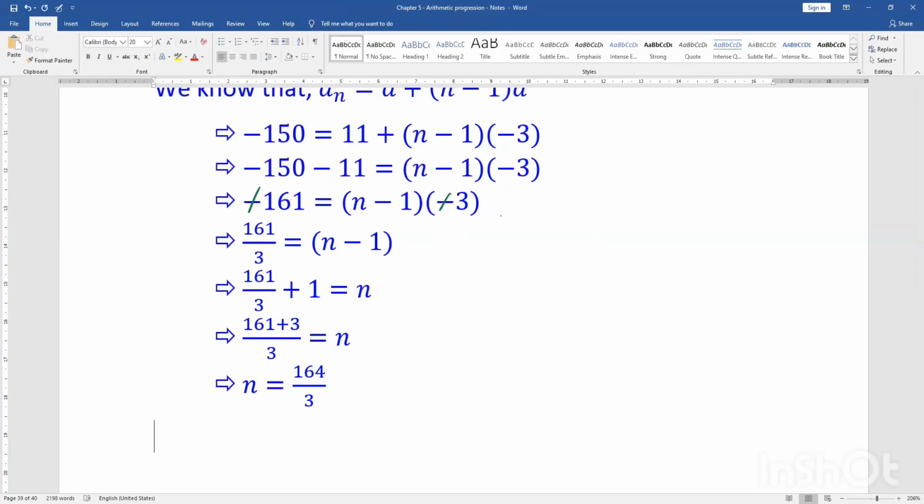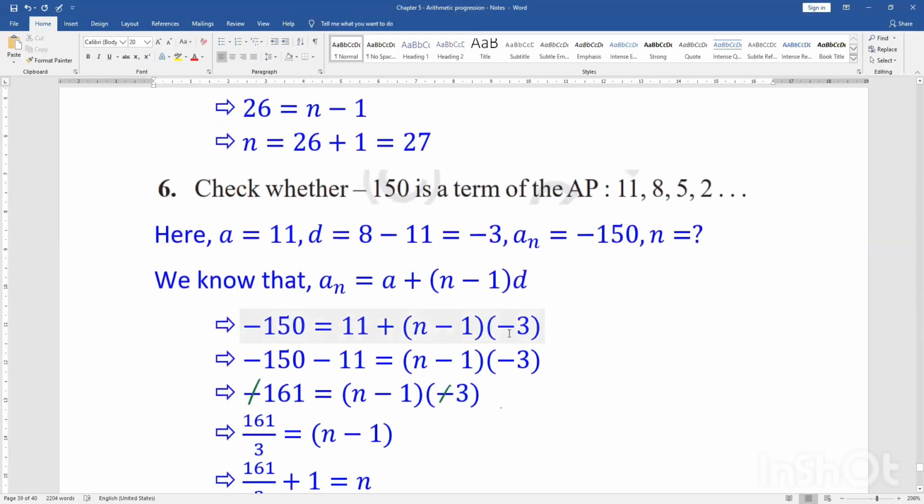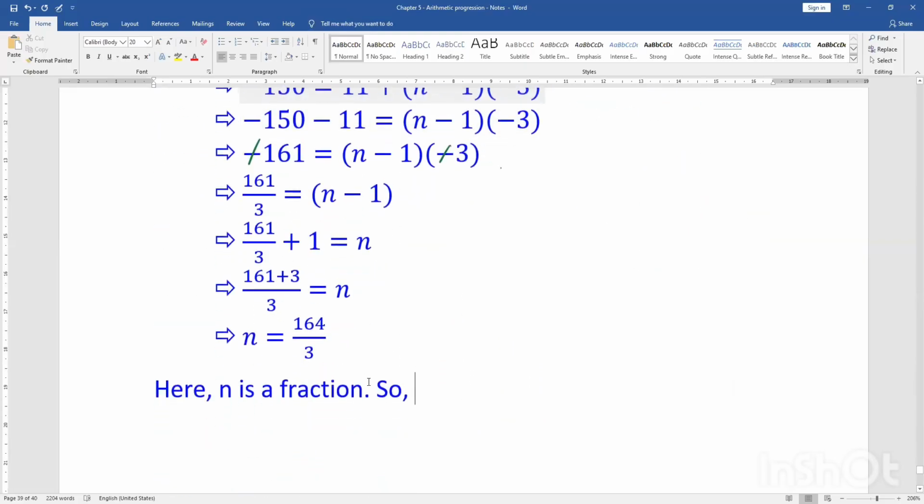So now what conclusion can I get? Here n is a fraction. So what is that conclusion? Minus 150 is not a term of the AP, because n should be a natural number. Here n is not a natural number.